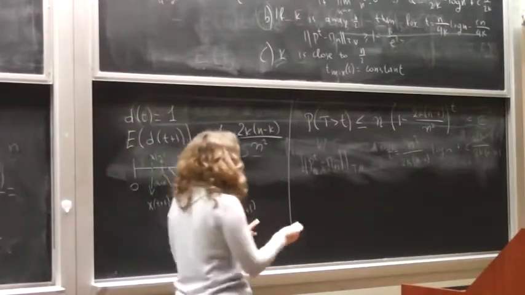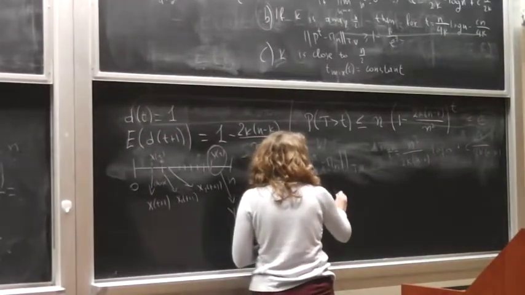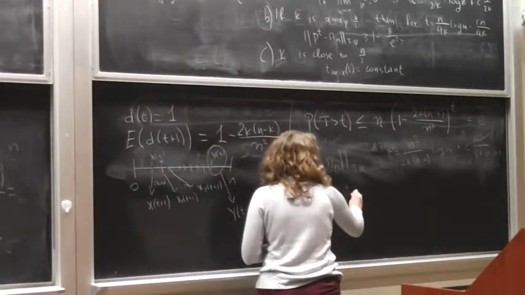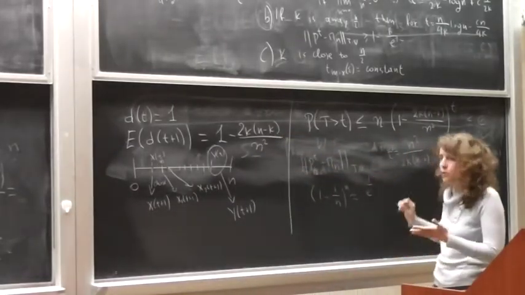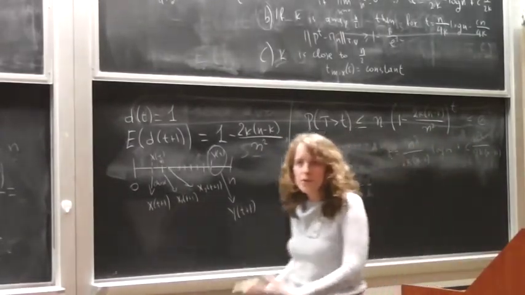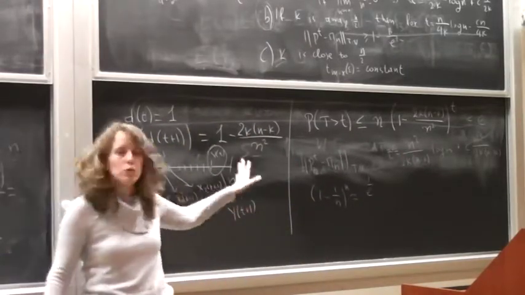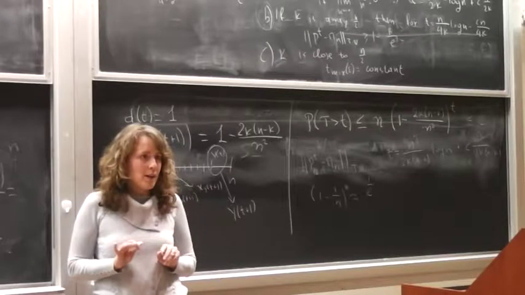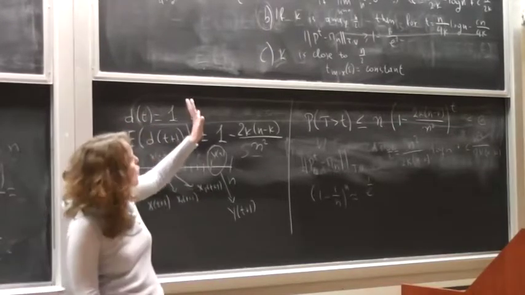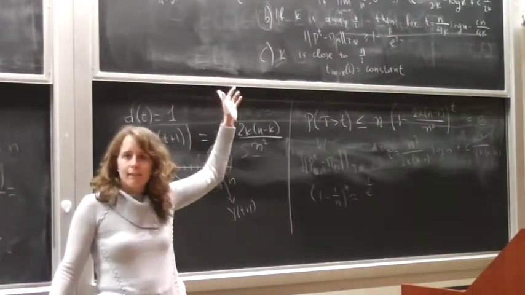Okay, so here we use the fact that, remember, 1 minus this thing is something like, actually less or equal than 1 over e, something like that. So this is the standard inequality that people use on this type of card shuffling. Okay? So this is how you prove a theorem like A.